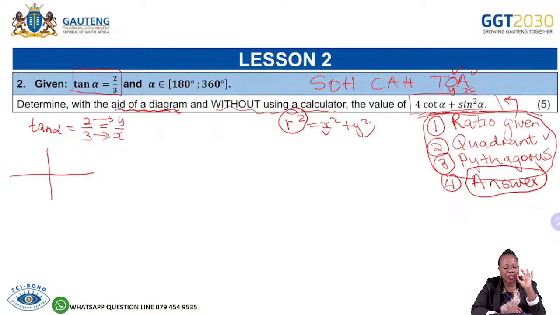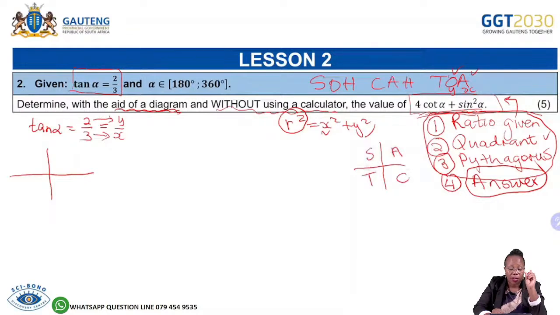So if you look at your ratio now, remember the CAST diagram. The tangent is positive in quadrant 1 because all ratios are positive there, and it's also positive in quadrant 3. And then the rotation is 0 there, 90 degrees, 180 degrees, 270, and 360 there.